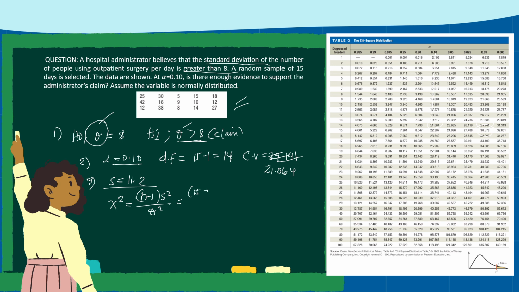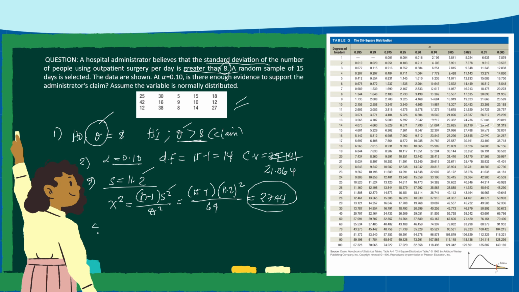So 15 minus 1 times 11.2 squared, because we have to square this based on the formula, over 8 squared, that is 64. Using the calculator, we have 27.44.